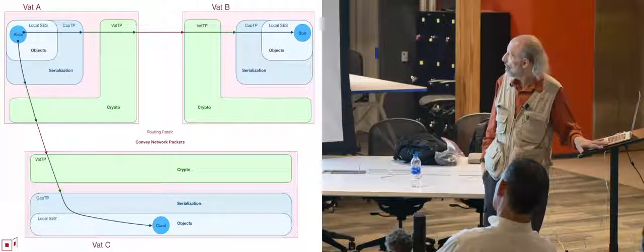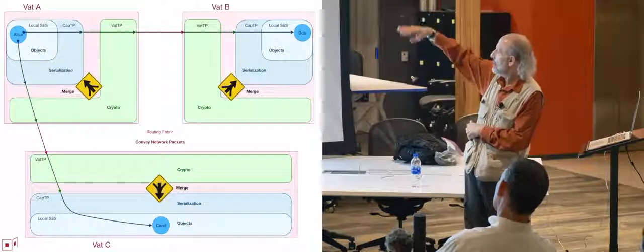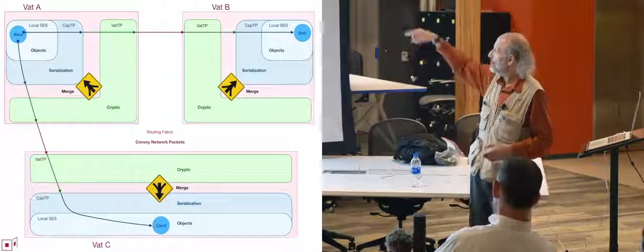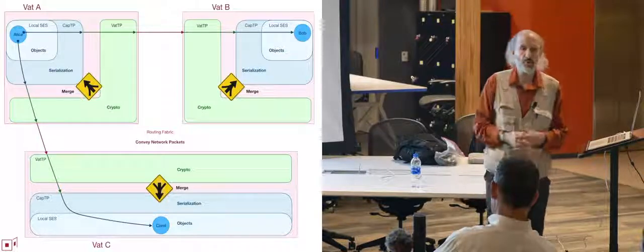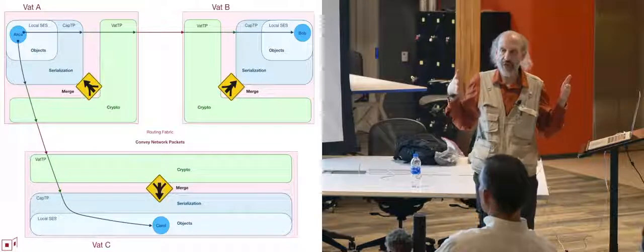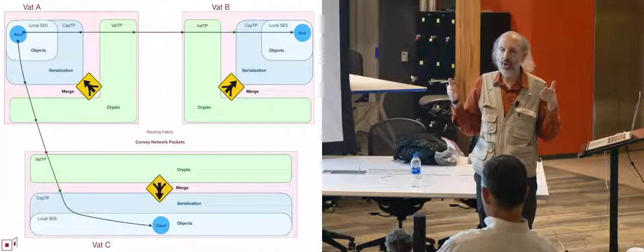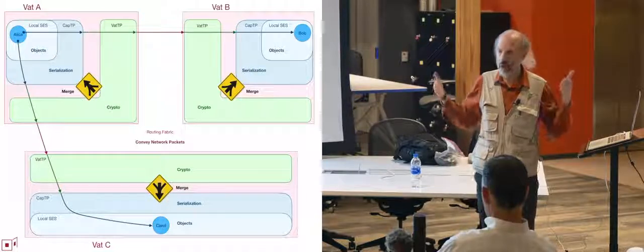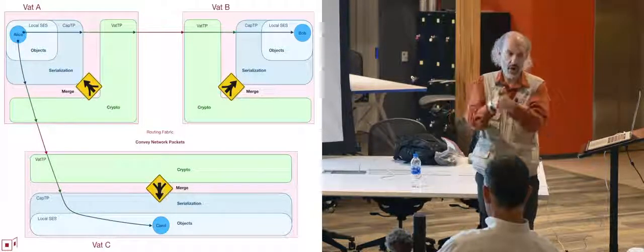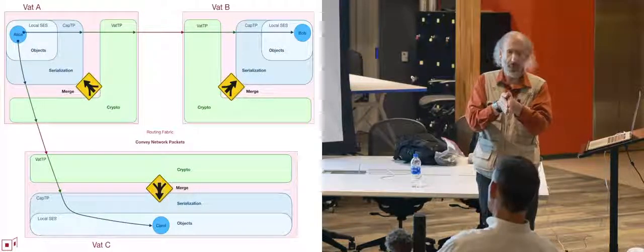Now, another important element of making this work is there's this non-deterministic merge, which we can think of as like a traffic merge, where multiple lanes have to come together into one lane. What the overall order is of how the multiple lanes arrive at one lane is non-deterministic. There's multiple possible orders.